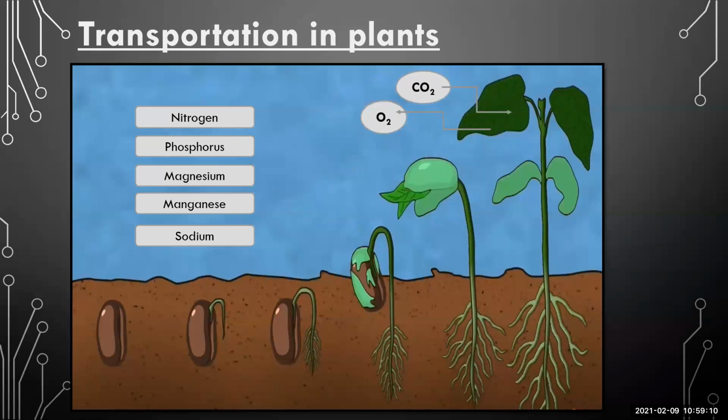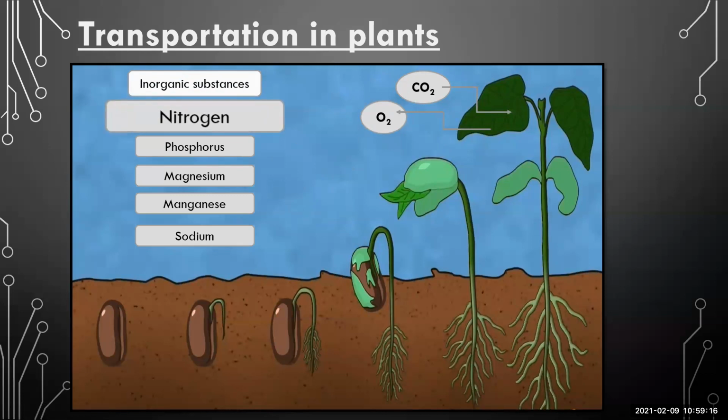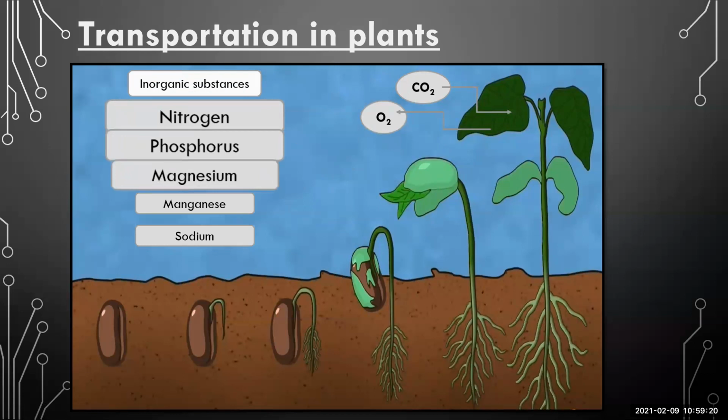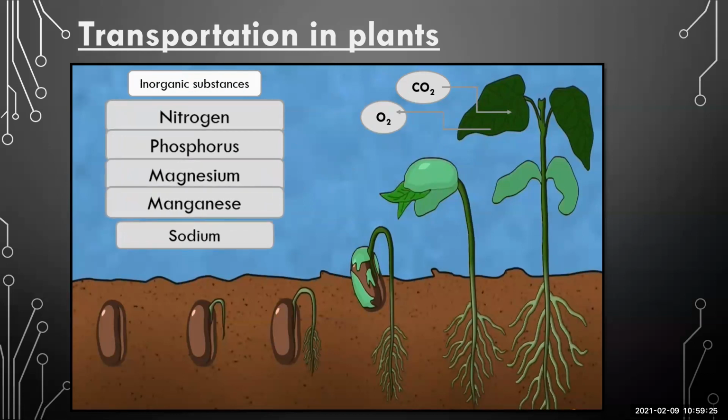And also there is a requirement of inorganic materials like nitrogen, phosphorus, magnesium, manganese, and sodium. So these are the inorganic substances which are absorbed by the plants from the soil. So soil is the nearest and the richest source of these minerals.